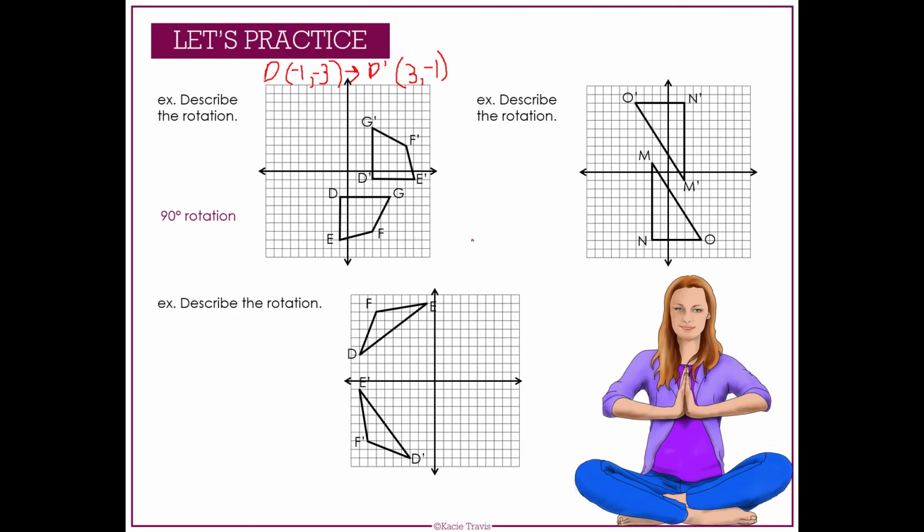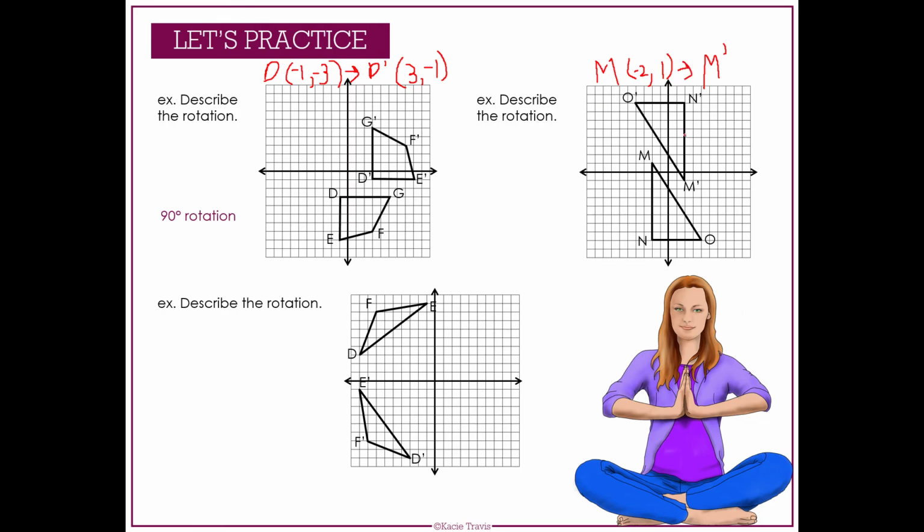Next one, we're going to also take a look at one point in particular and then observe what changed. So let's look at M to M prime and see what occurred in our change. So M is originally at, I believe this is 1, 2, yeah. This is at negative 2, 1.